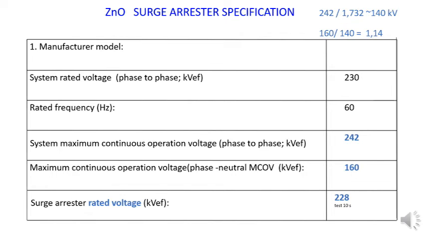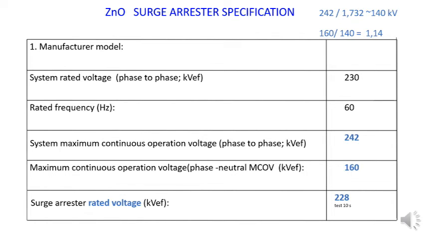Then when the system is operating, in this case, the maximum voltage that we have between phases is 242 kilovolts. If we take a look at the phase to ground voltage, 242 divided by square root of 3, we see in the top is something like 140 kV.